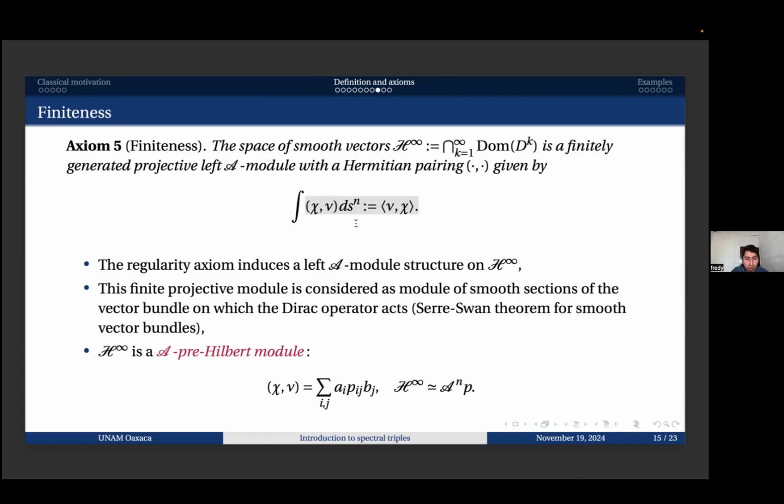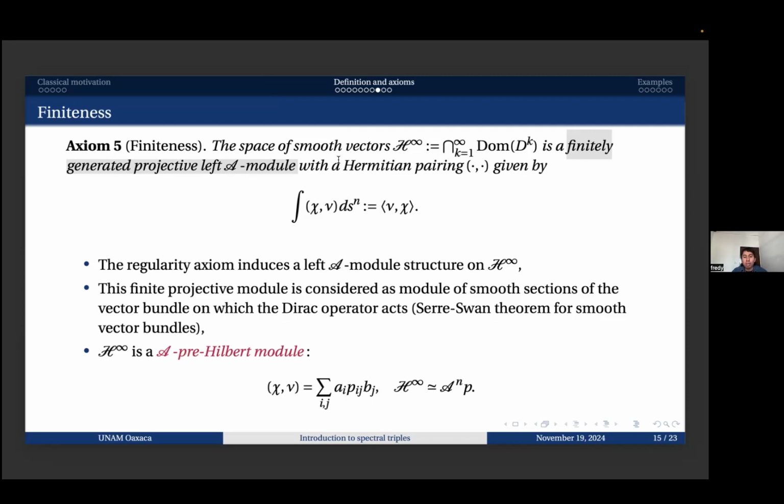So this axiom is saying that H infinity is the analogue of the module of smooth sections of the vector bundle. But the most important property is that this module has to be a finite projective module.